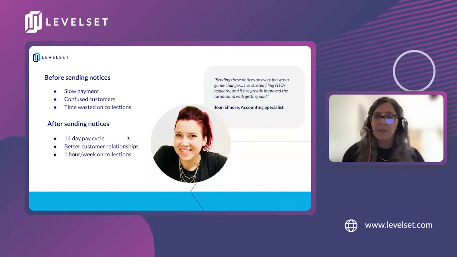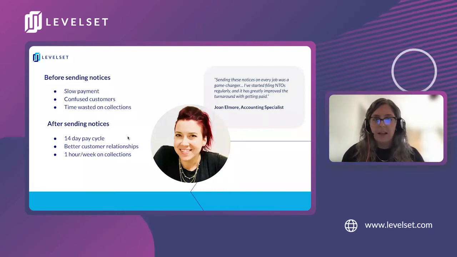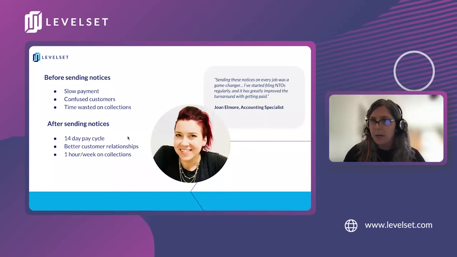And it took their payment cycle from 60 days down to about 2 weeks, simply because those formal notices made it easier for customers to pay and cleared up a lot of confusion. I bring this up because sending notices on every job is definitely something to consider if you're not already doing so.